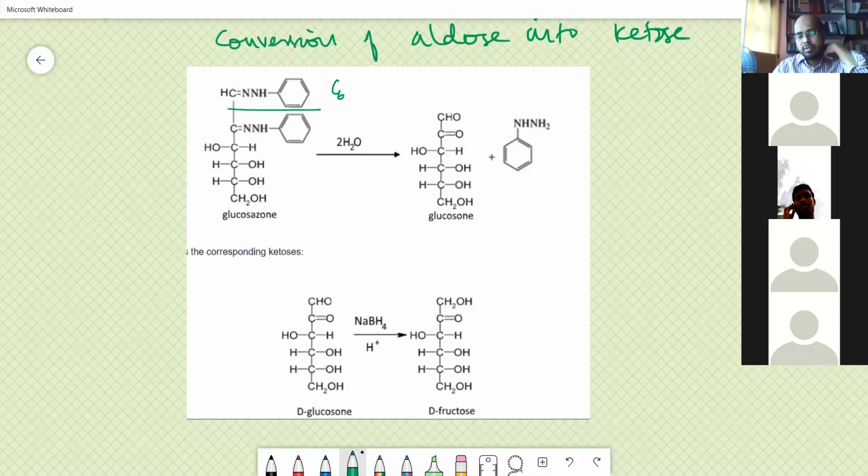Again, the first equation, the other. This is also the same C6H5NH2. It is expanded and written.